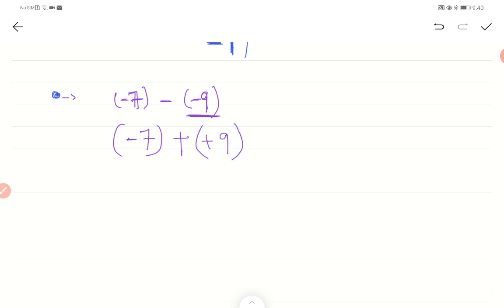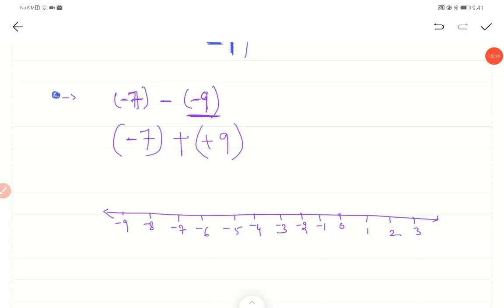Okay, so let me find it by using the number line. I will take 0 here. This is -1, -2, -3, -4, -5, -6, -7, and 1, 2, 3 on the right side.